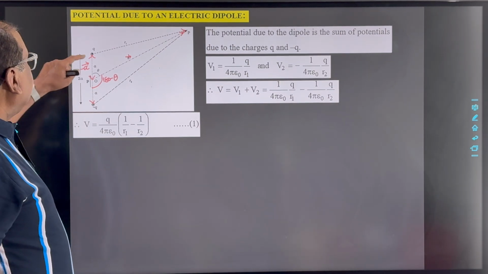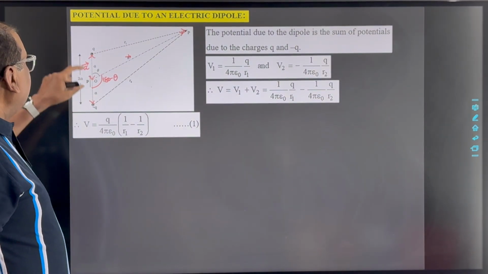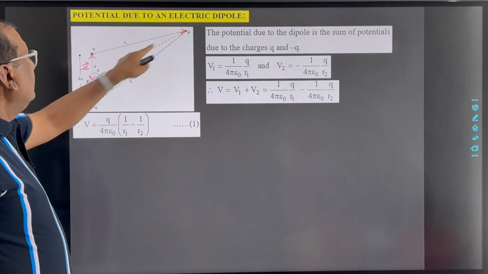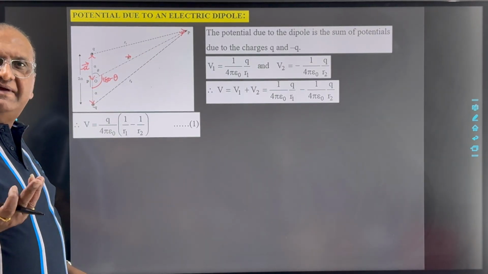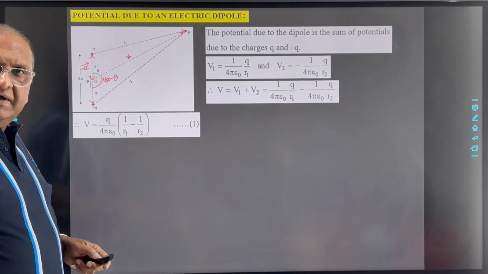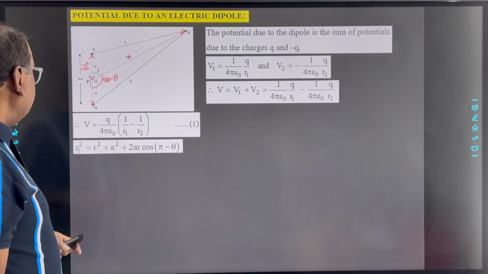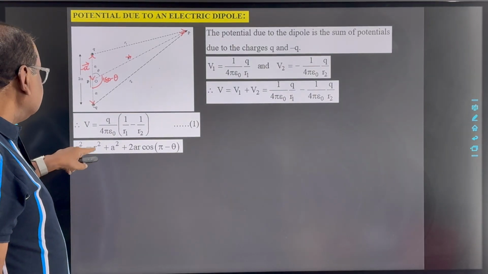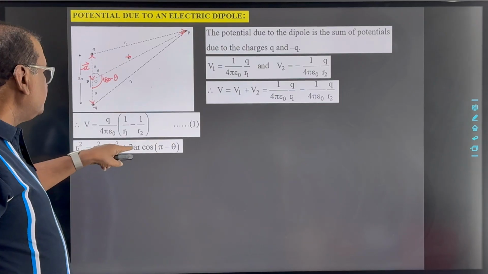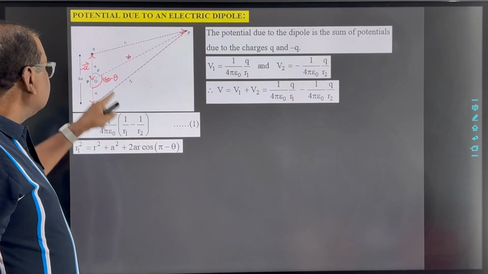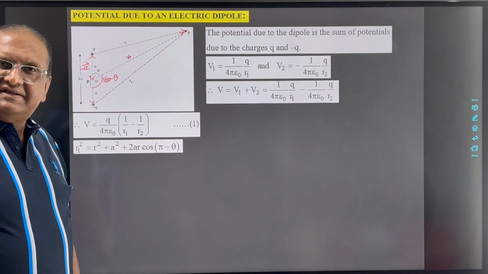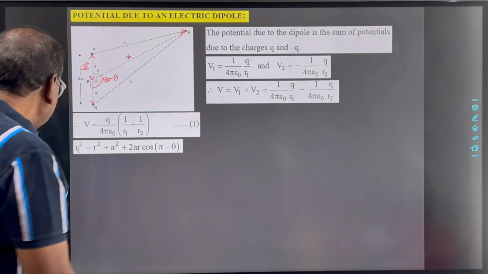Now vector R1 is this plus this, as per the vector summation rule. So magnitude wise we can write R1 square is R square plus A square plus 2AR cos pi minus theta. Clear to all of you?